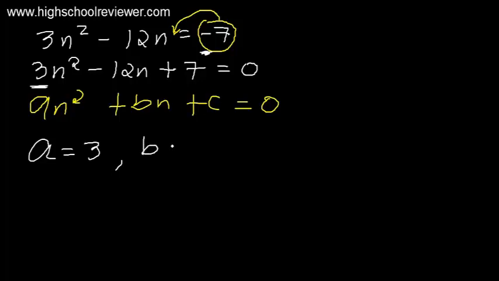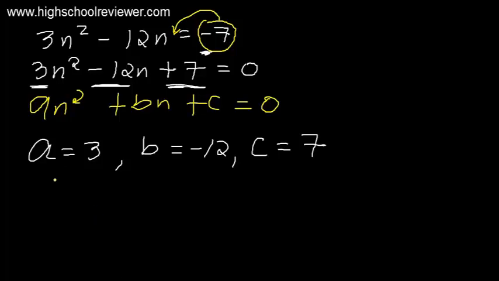Our value for b is the numerical coefficient of our second term. This is negative 12. And our value for c is our constant or the third term. This is positive 7. And then we will compute for our discriminant.